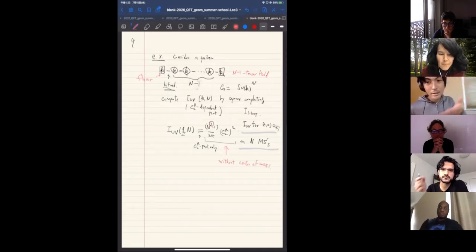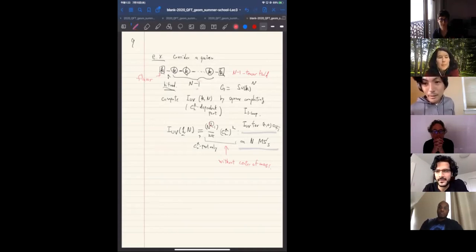Yes, of course, the center of mass contribution is just as written. But there's also the statement that after removing the center of mass degree of freedom, we have a relative field theory, in the sense that we have a choice of partition function. You're right. Here I'm ignoring that fact, but you're right.